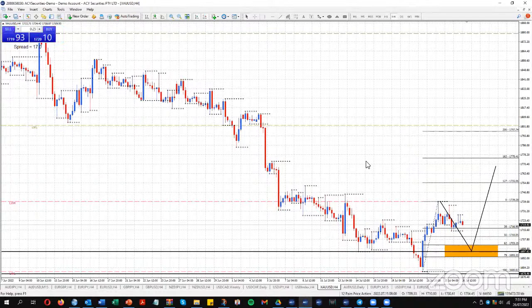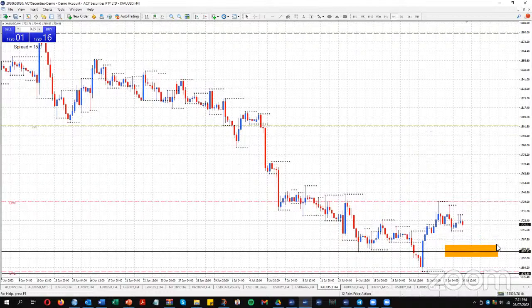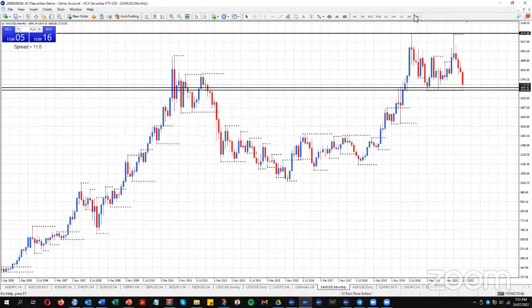This could be an area where you could definitely get a long-term trade off the bat to trade back up the range, because if this is just going to stay range bound on the major time frame, then back to the monthly chart, this could go all the way back up to the top.